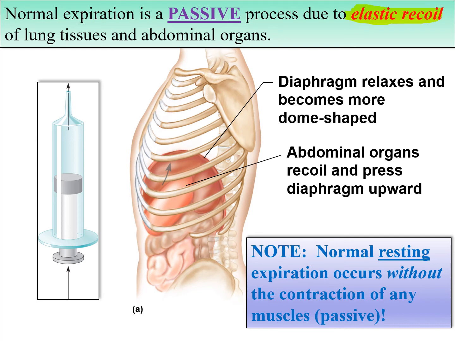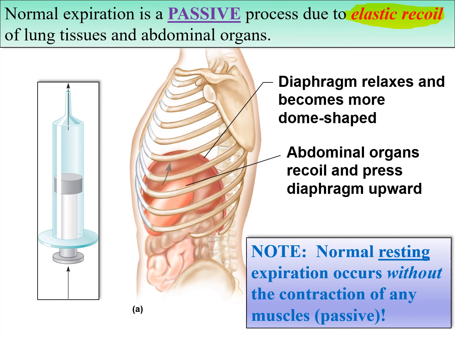When you inhaled a few moments ago, there was elastic tissue in the lungs and in the abdominal organs that became stretched as a result of that inspiration. When you're no longer stimulating muscles and you're no longer stretching those fibers, like a rubber band that's been stretched, when you let that go, it bounces back to the pre-stretched state. Well, it's the same sort of idea here.